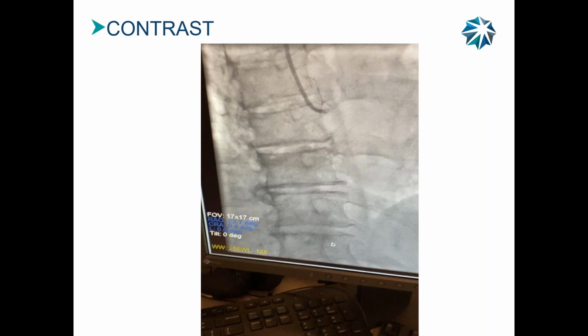Why in CT is it white, but in a heart cath or interventional, it's dark? Why is that? No. Good guess, but it's still going to block X-ray. And if it blocks X-ray, it's going to show up white. So why does it show up dark here?